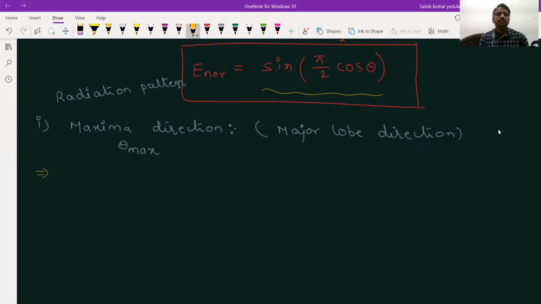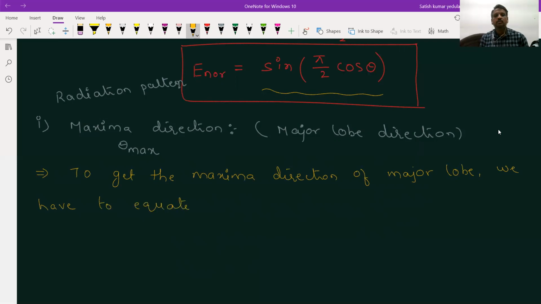If you want, I'll write it. To get the maxima direction of major lobe, we have to equate the normalized field component to plus or minus 1.